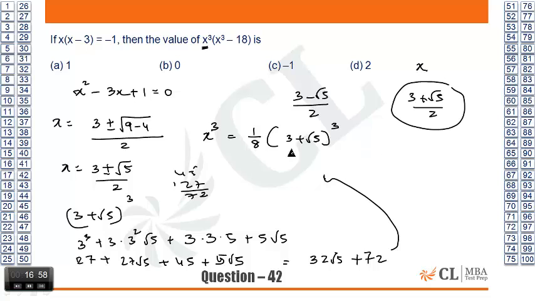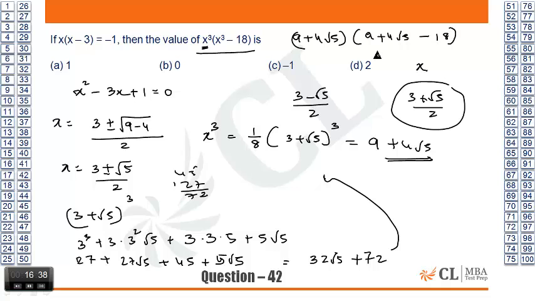Okay, so now I plug in there, divided by 8. 72 divided by 8 is 9, plus 4 root 5. Very good. X cube is 9 plus 4 root 5. So this will be 9 plus 4 root 5 into 9 plus 4 root 5 minus 18.